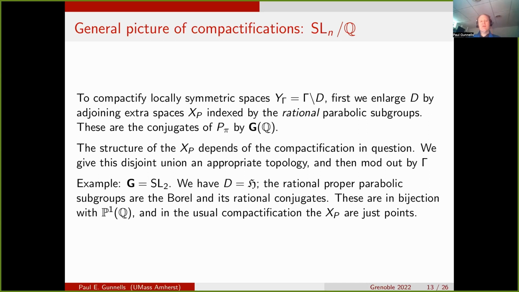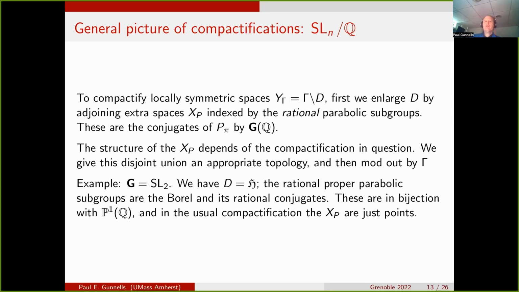The rational points at infinity for the upper half plane are in one orbit of SL2Z, but there are uncountably many orbits in the real points of the projective space at infinity. And we can't put a topology on those points so that we get something nice after we mod out by gamma.